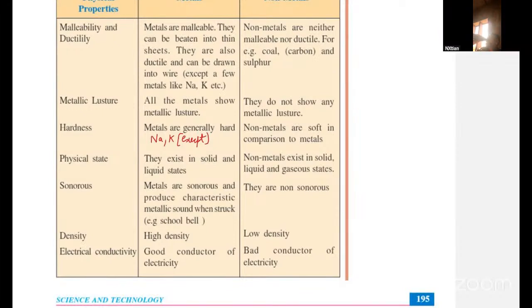Then why are they called metals? Exceptions are there. We call them metals because of being electron donors. Those who have positive valency are electron donors. Some properties they might not have as compared to other metals, but the main concept of being a metal is being an electron donor.